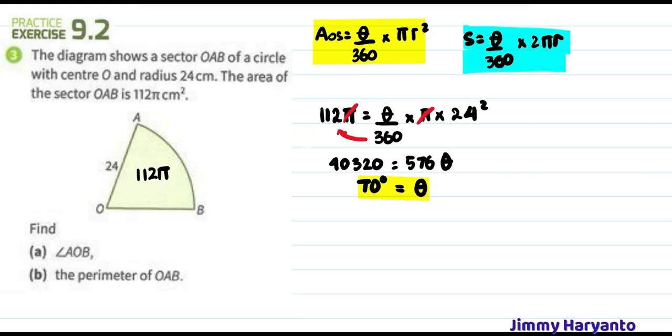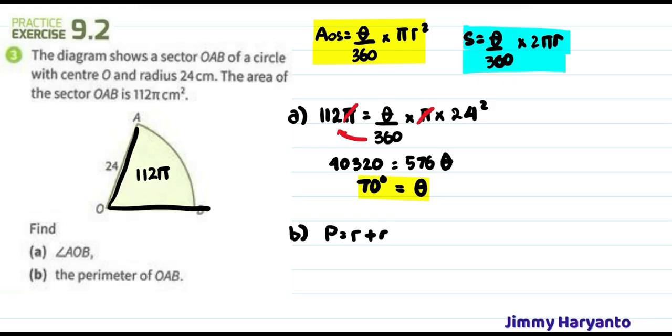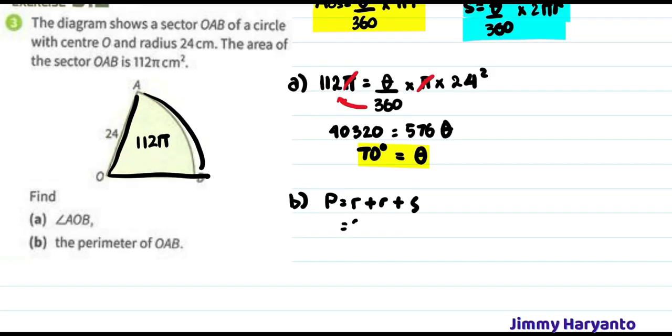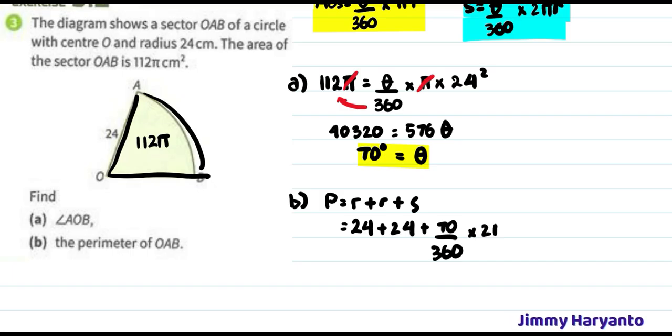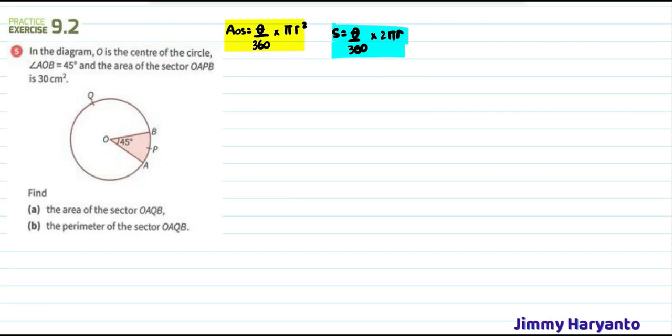So to find the perimeter of OAB, this is the A and this is the B. Perimeter equals R plus R plus the S. That means 24 plus 24 plus the theta, which is 70 over 360 times 2 pi times R, equals 77.3 centimeters.